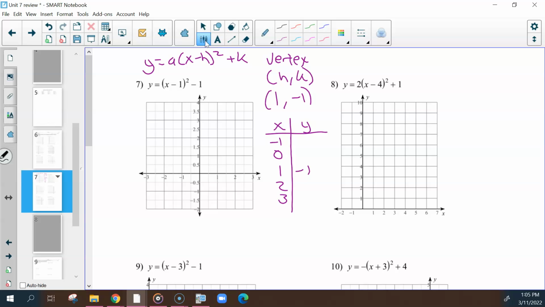For number 8, we're looking for the vertex. What would your h or your x value be? Positive 4. And your k or your y value? 1. That would be the point you put in the middle of your table, or that you're finding points around.